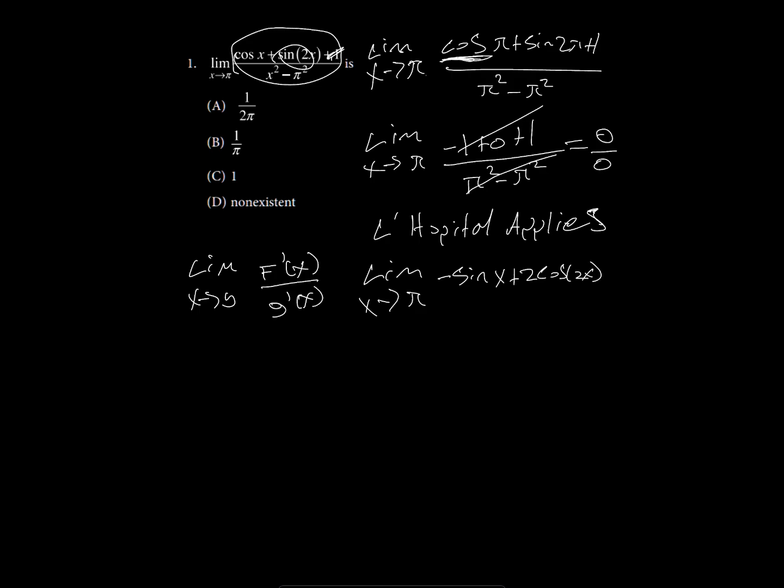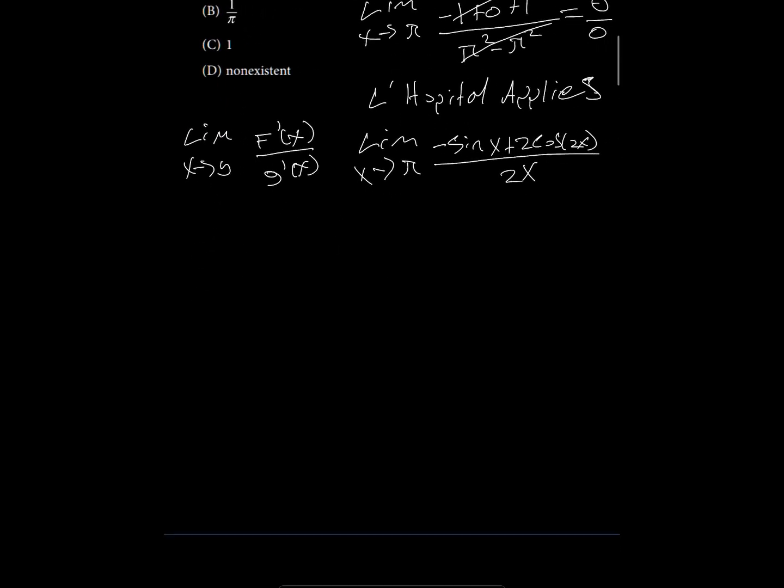The derivative of 1 is just going to go to 0, over the derivative of x squared. We've seen this previously. The derivative of x squared is just 2x. And the derivative of pi over 2, although it may look like a variable, is actually a number, 3.14159 and so on, so it goes to 0 as well. So this is our new limit right here: negative sine x plus 2 cosine of 2x over 2x.